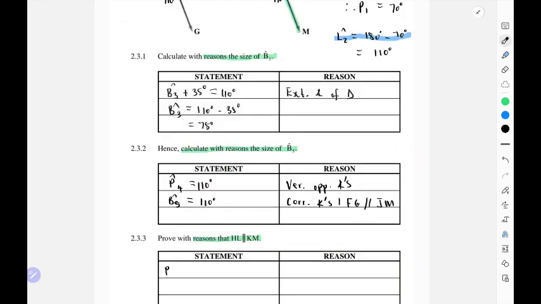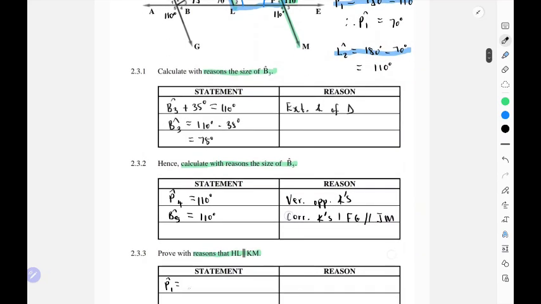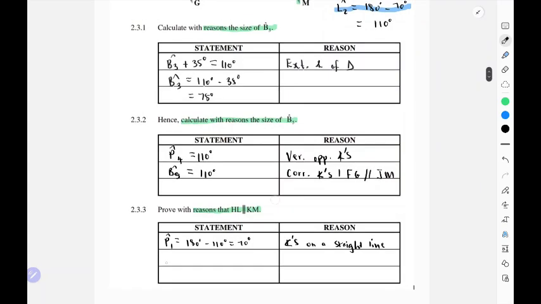I think we can just note it here that P1 is equal to 180 minus 110, which is equal to 70 degrees. And similarly, L2 is equal to 110, and the reason is angles on a straight line.